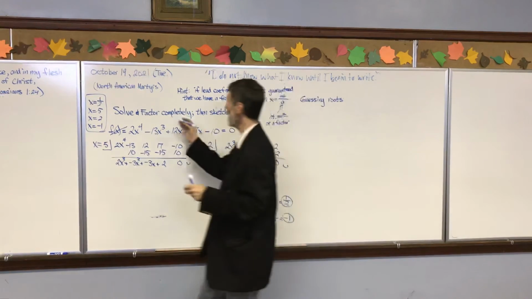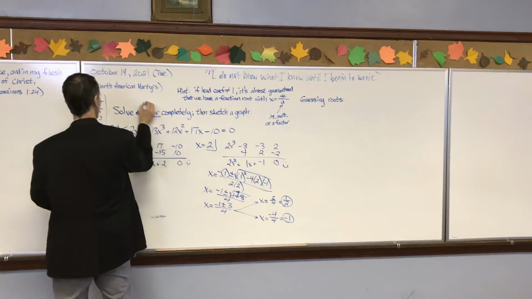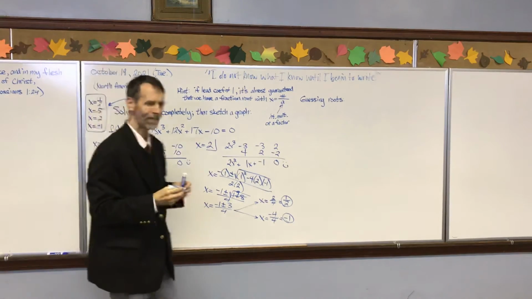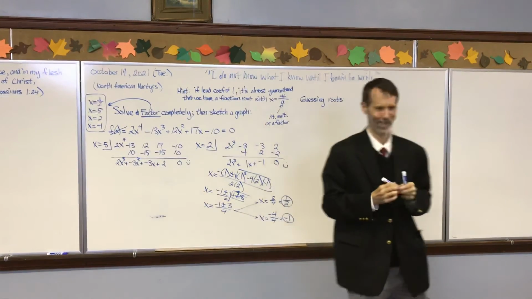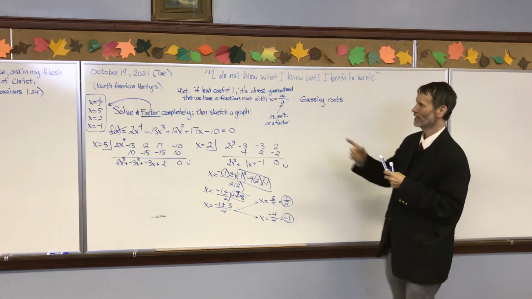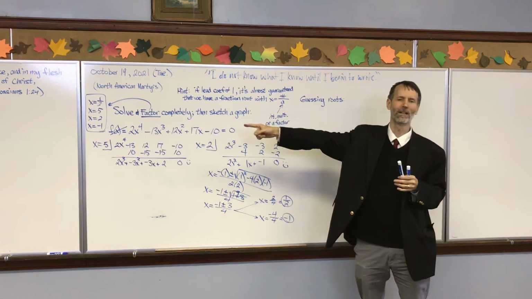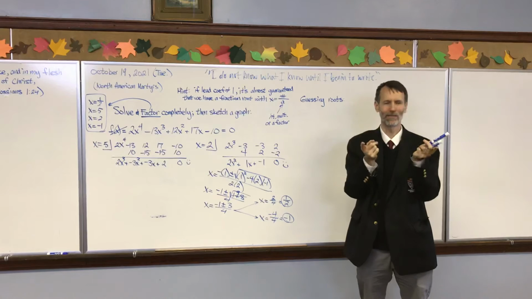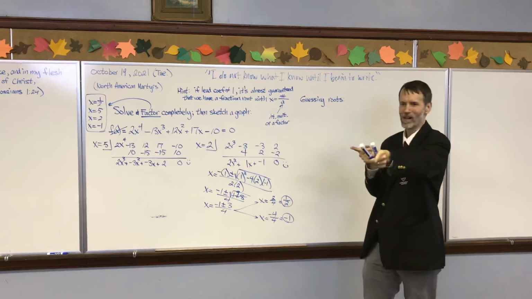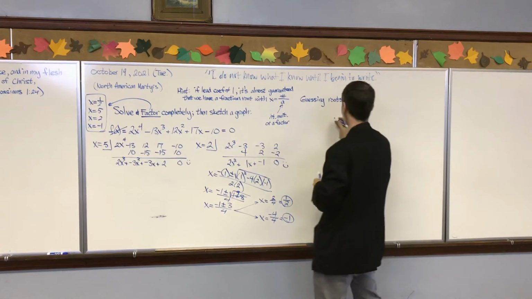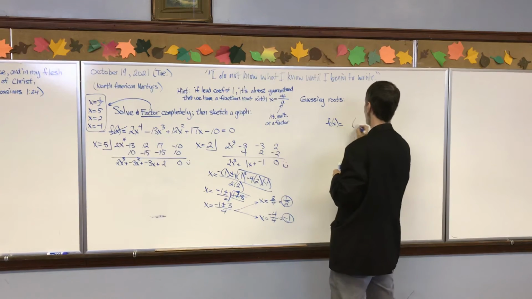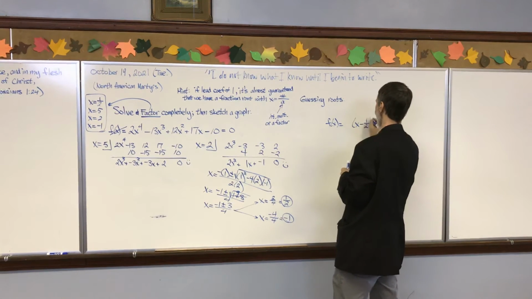So when they say factor, I would like to do what I call reverse engineering. You see the x equals 1/2? Can somebody tell me what parentheses that came from? X minus 1/2. Exactly. This is f of x equals x minus 1/2.